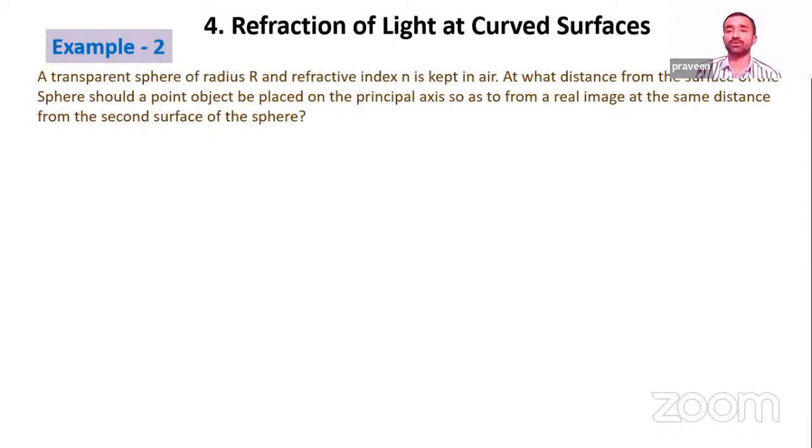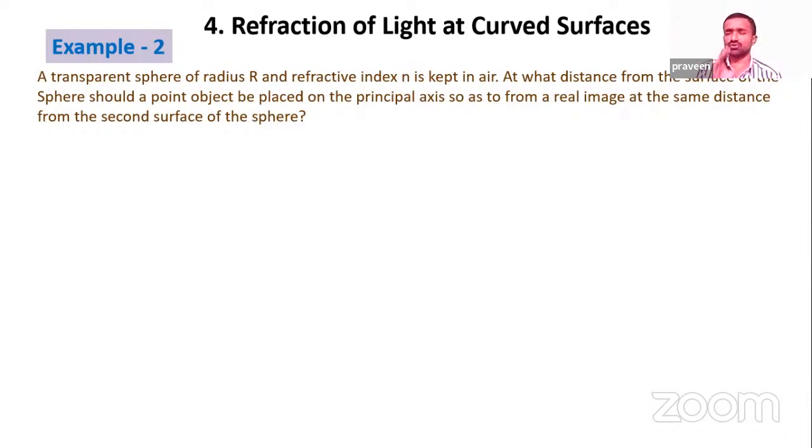At what distance from the surface of the sphere should a point object be placed on the principal axis so as to form a real image at the same distance? The image is at the same distance from the second surface of the sphere.